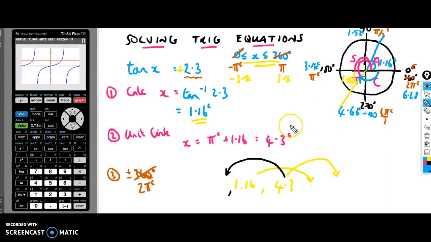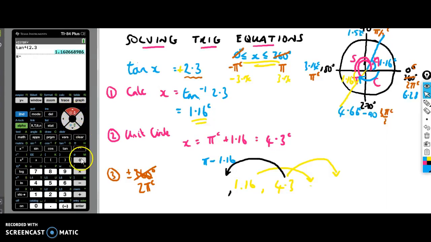If we take it back that way, well, it's pi, because it's 180, minus the 1.16. I'm going to get a bit lazy now. Let's do that on the calculator. Pi minus 1.16. In fact, that's not even smart, is it? Let's delete that. And let's use the answer up there.